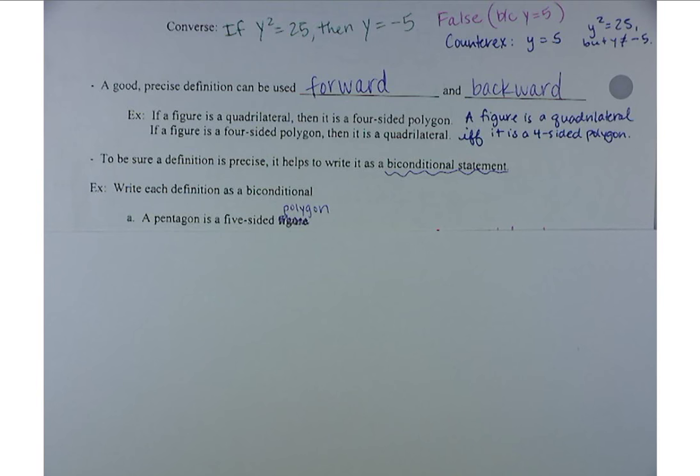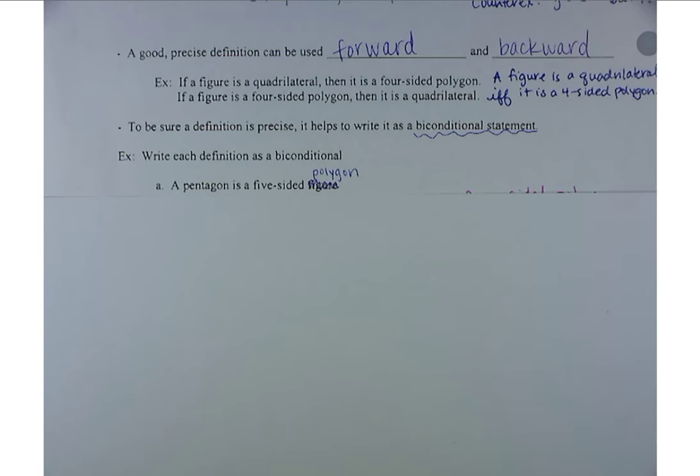And we're going to change A so that it says polygon. So it says a pentagon is a five-sided polygon. To make this into an if and only if statement, we are going to use the word figure. It should say a figure is a pentagon if and only if it is a five-sided polygon.